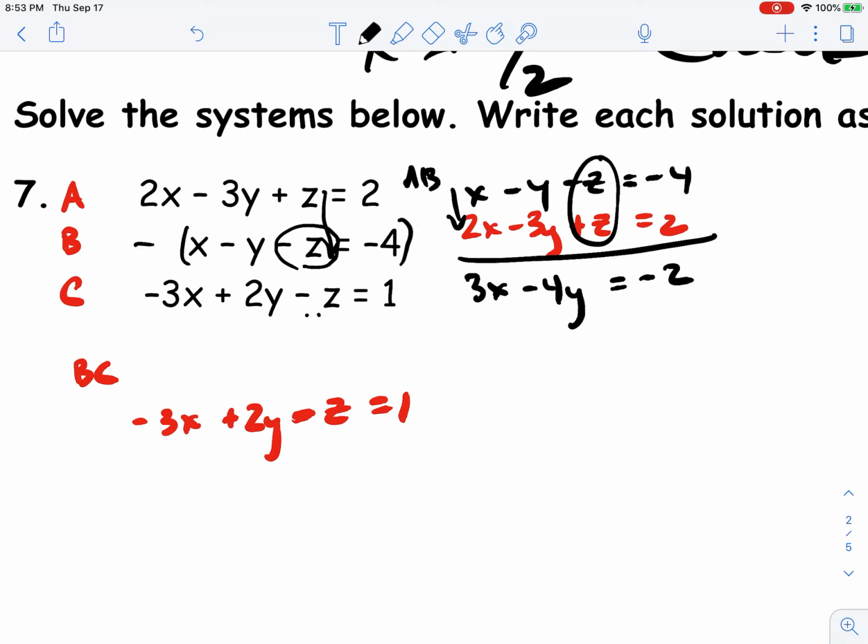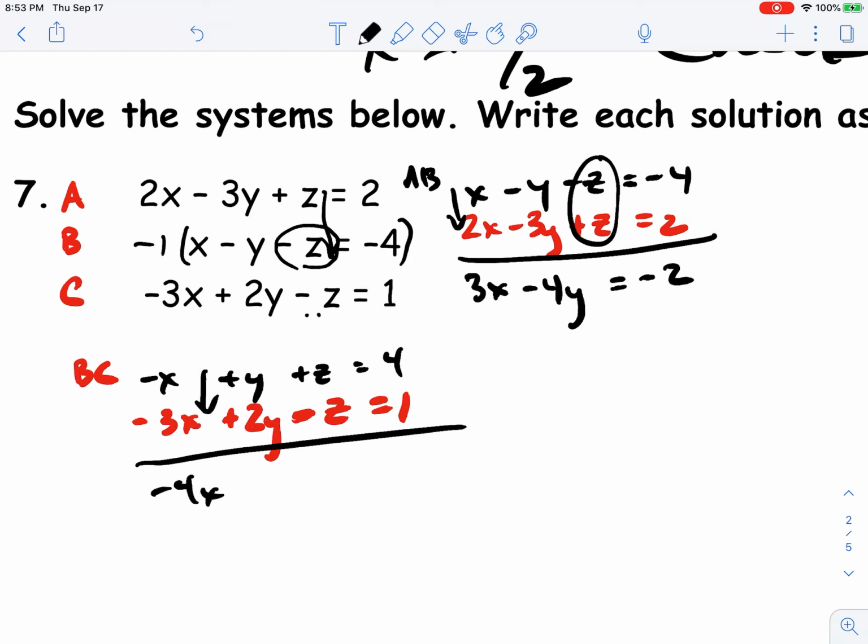So I'm going to multiply this equation by a negative 1. And when I do that, I end up with this. Just what I wanted. Now when I add the columns, I end up with negative 4x plus 3y. These cancel out, equals 5. And what I want to do is bring that over here.